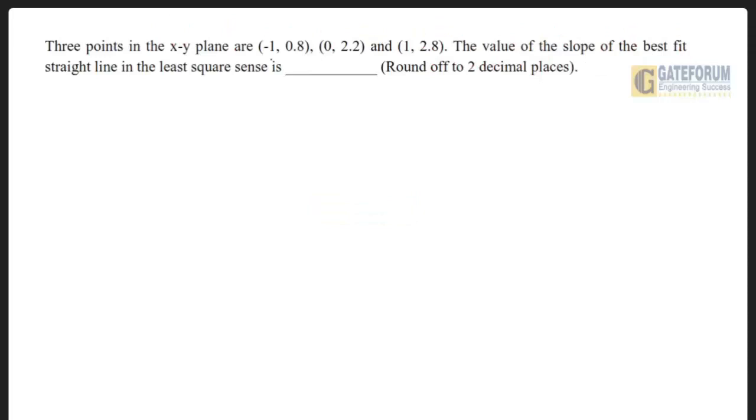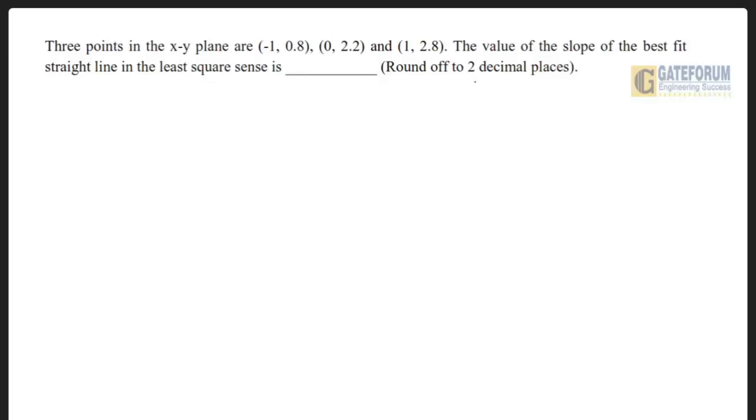The points in the XY plane are -1, 0.8; 0, 2.2; and 1, 2.8. The value of the slope of the best fit straight line in the least square sense is, round up to 2 decimal places. This is from engineering mathematics, from the topic probability and statistics, that is regression, the correlation and regression subtopic.